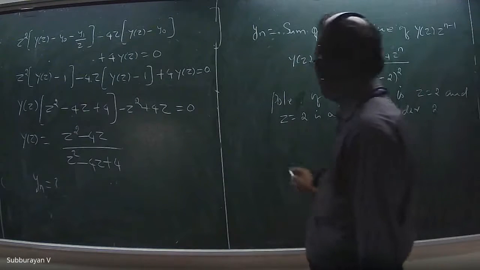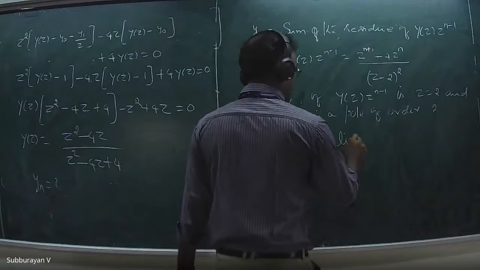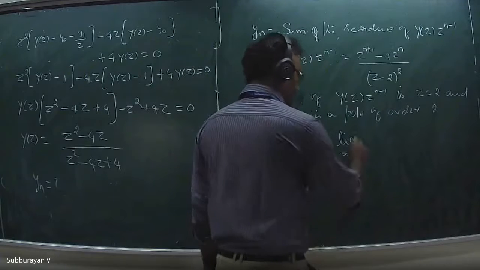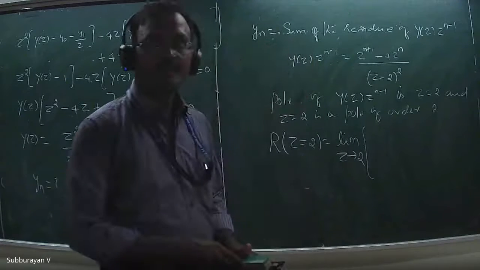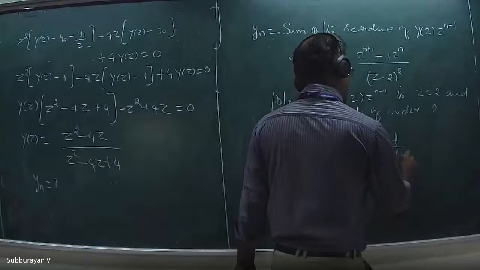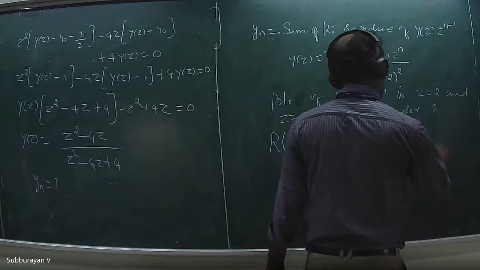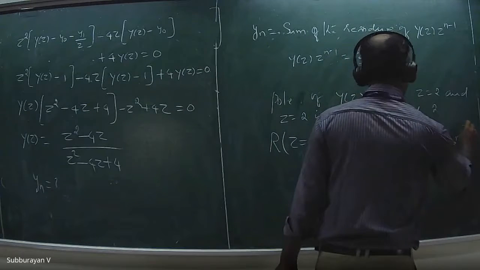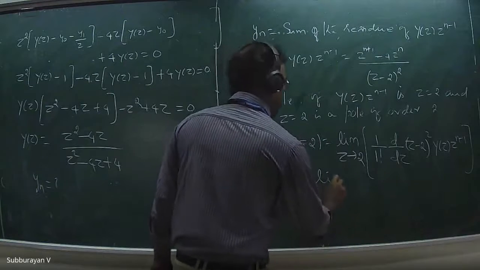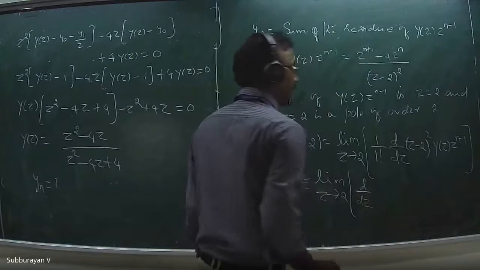Therefore, the residue at z equal to 2 is equal to limit z tends to 2, 1 by 1 factorial d by dz of z minus 2 whole square into y of z into z power n minus 1.